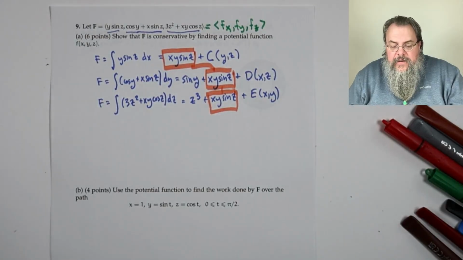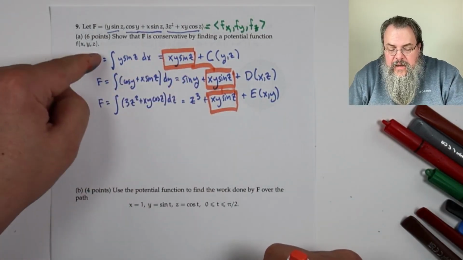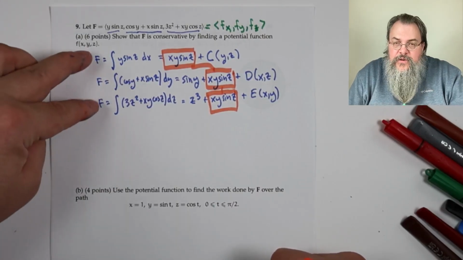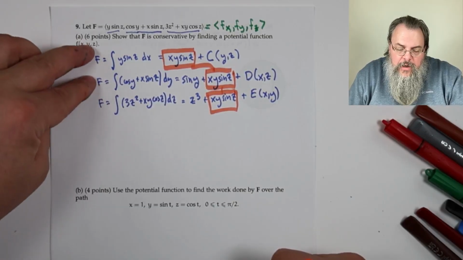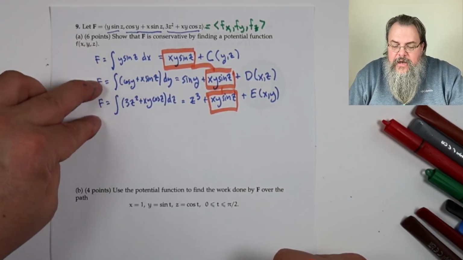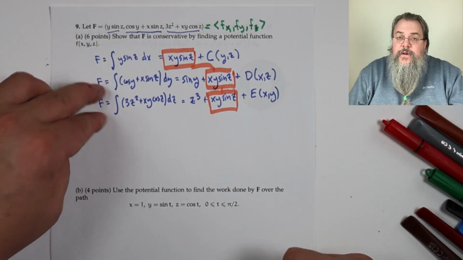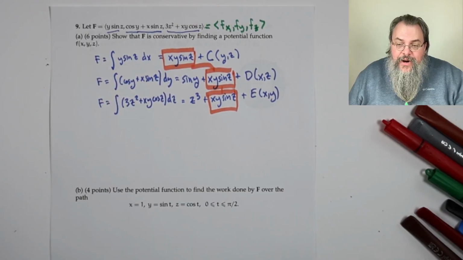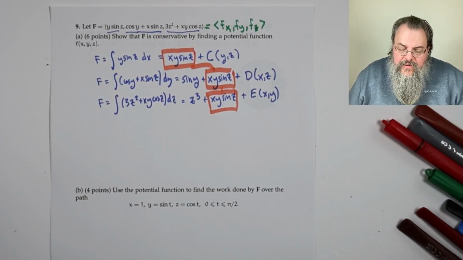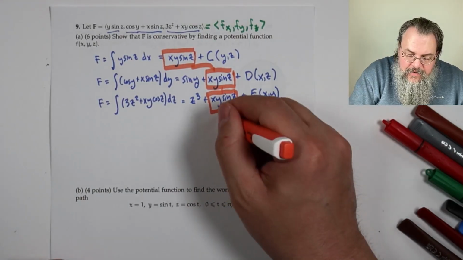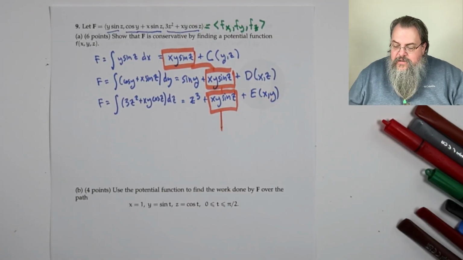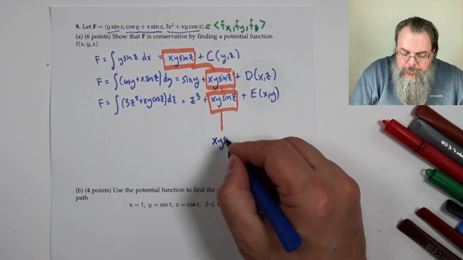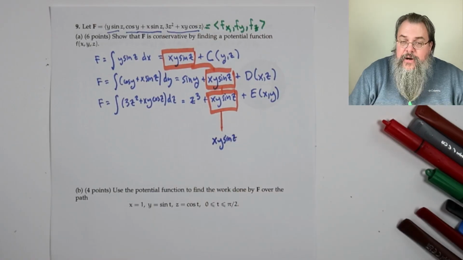So if I have all 3 variables, it has to show up all 3 times. If it had 2 of the variables, it would have to show up in the 2 variables that it was with. Maybe it was x and y, or x and z, or y and z. And if there's only 1 variable, it only has to show up in that part. Okay, so the xy sine z says our final answer has to have an xy sine z. So that's part of it.